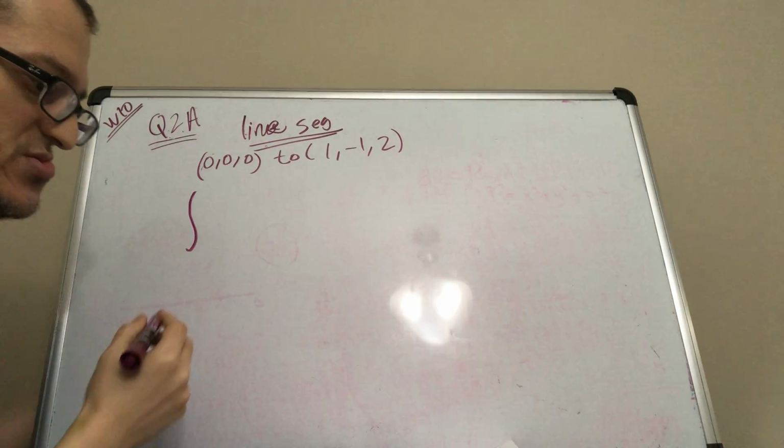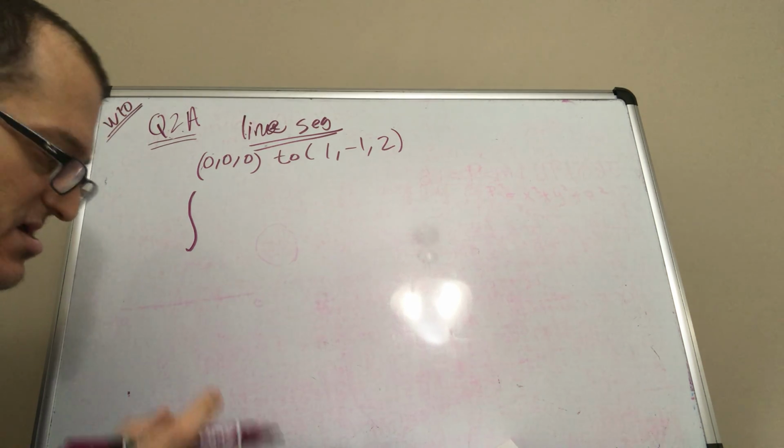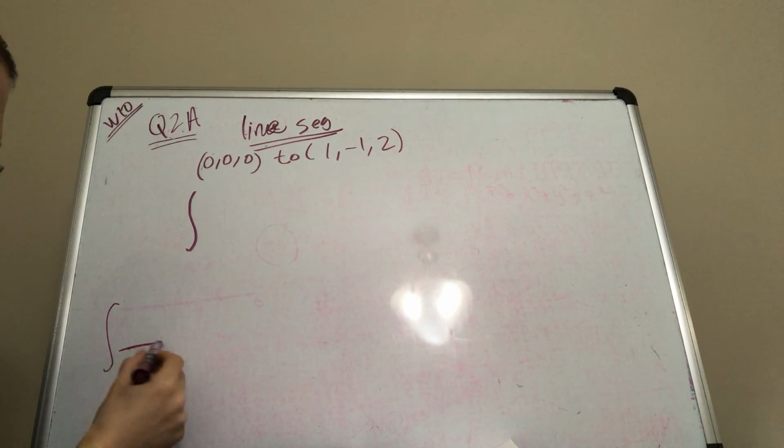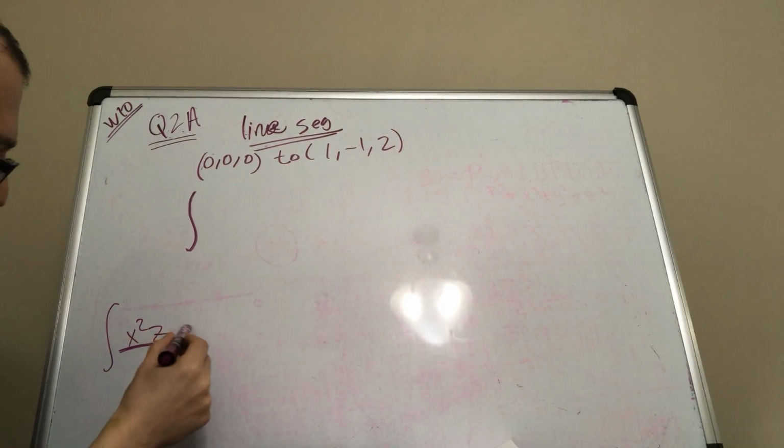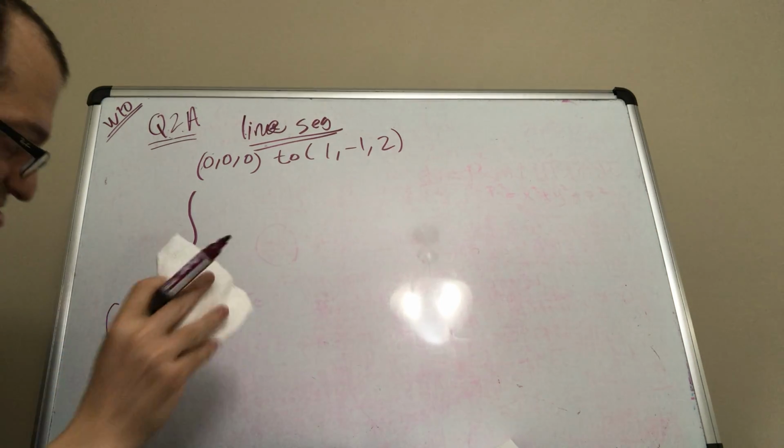But they don't give you the information in terms of ds. So the first one was, remember, x squared and ds. This one is not ds.